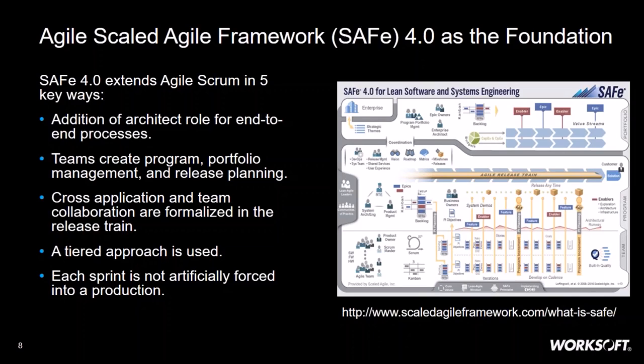So you'll see things like the addition of an architect for the end-to-end processes, not typically something that you see significantly in custom Agile dev. It also focuses on building on what has always been there in terms of programs, projects, portfolio management, and release planning in SAP, and building that into the Agile approach.